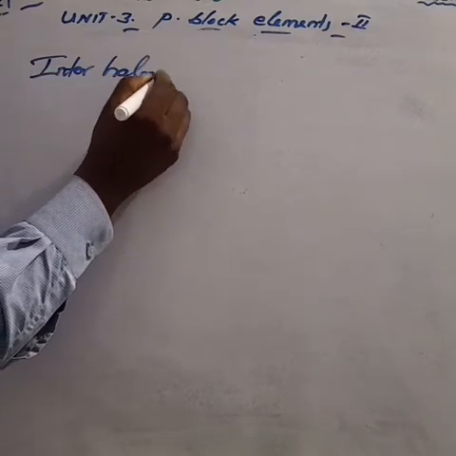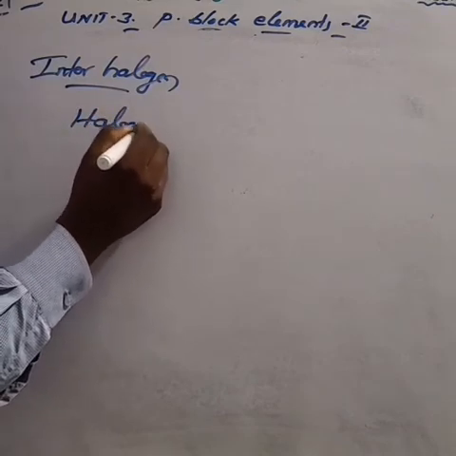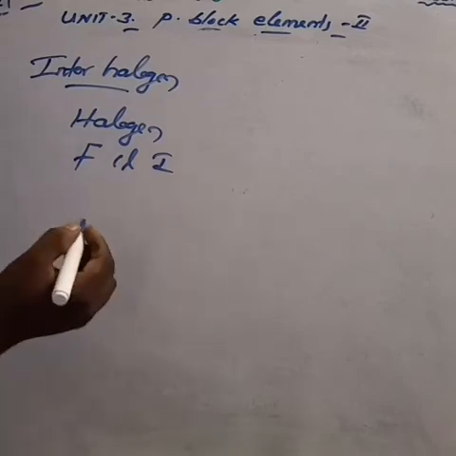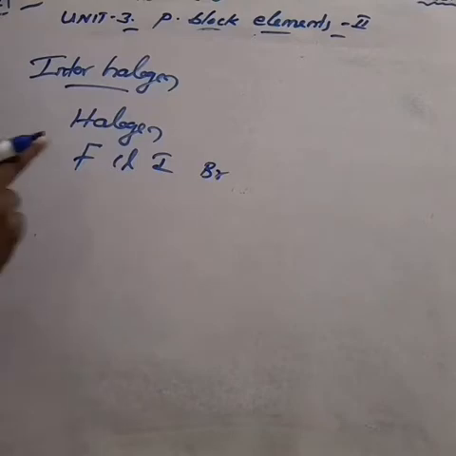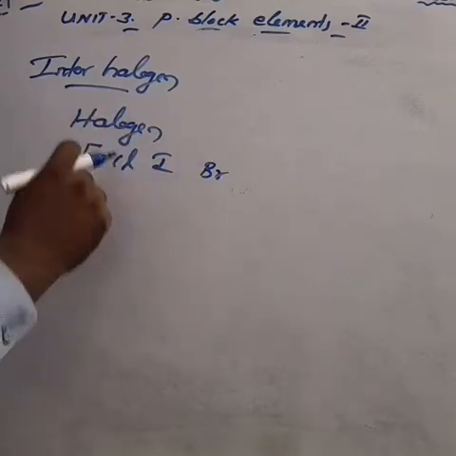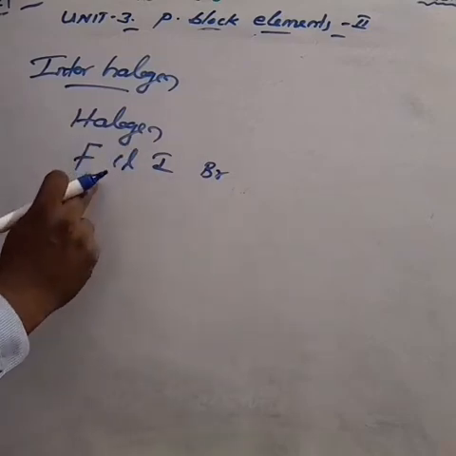Each halogen, it may be fluorine, chlorine, iodine or bromine, combines with another halogen.